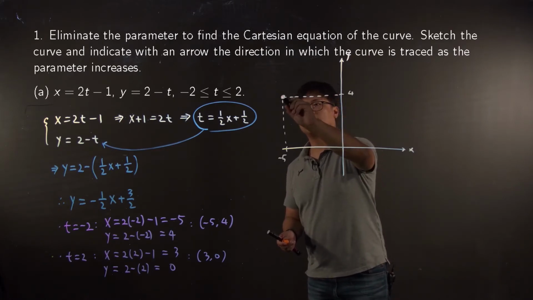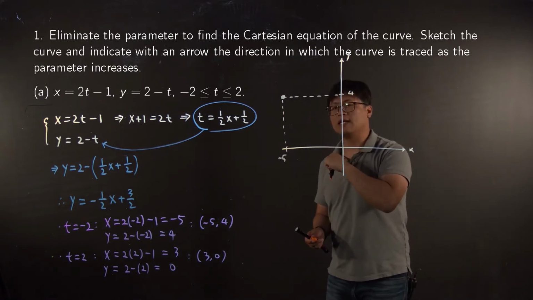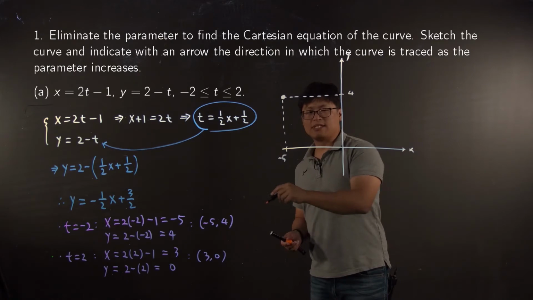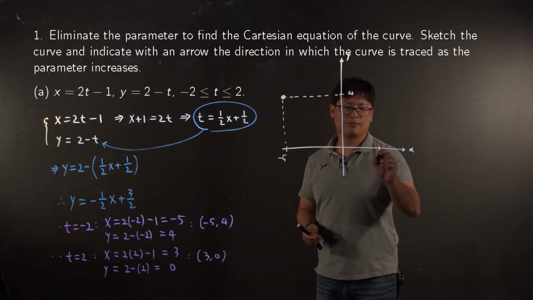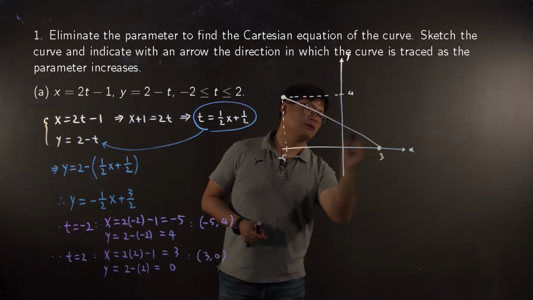This point, since there is an equal sign in your interval, will be inclusive. What about the second point? (3, 0). 3 is somewhere here, and this point is also inclusive. So your straight line is like that.